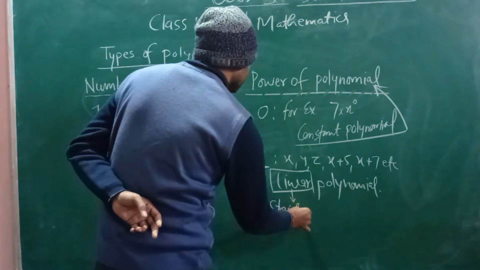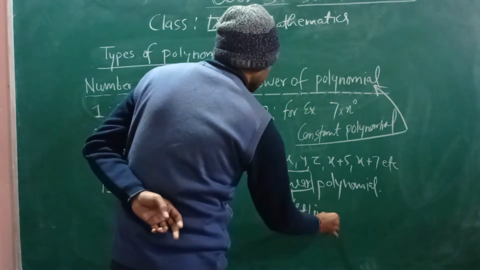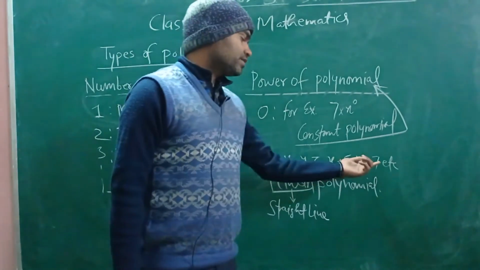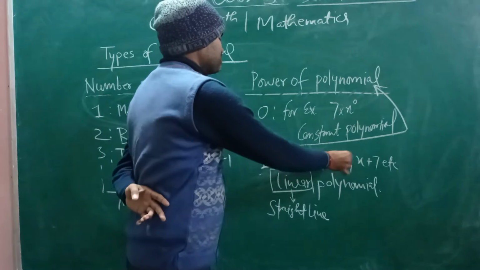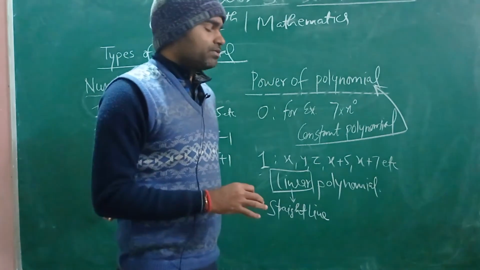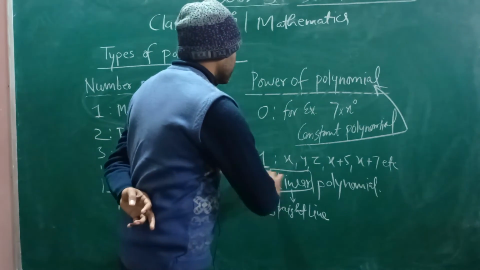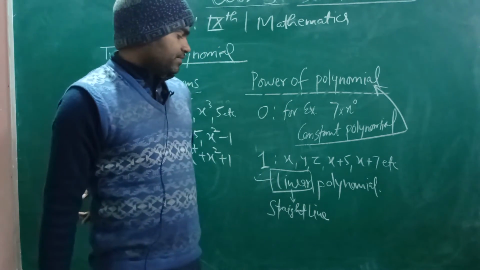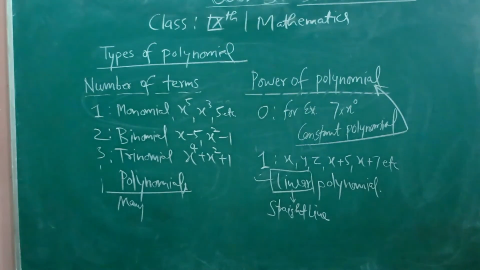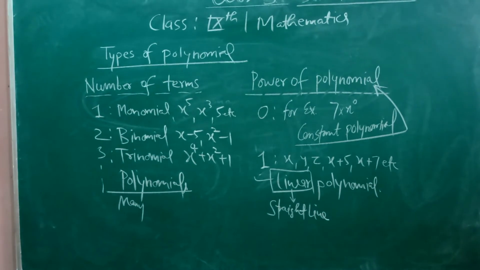Hence it is called a linear polynomial. The graphs of x plus 5, x plus 7, x plus y equal to 5 will be a straight line, and in case of a straight line the polynomial is called a linear polynomial.